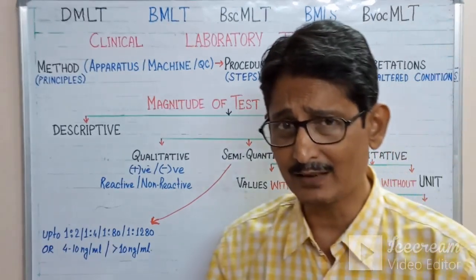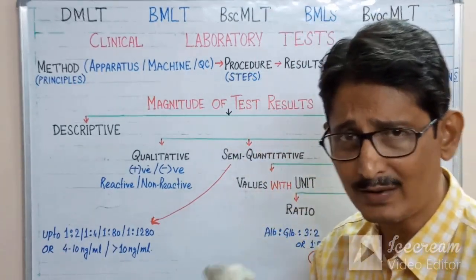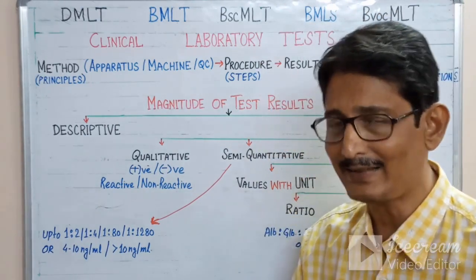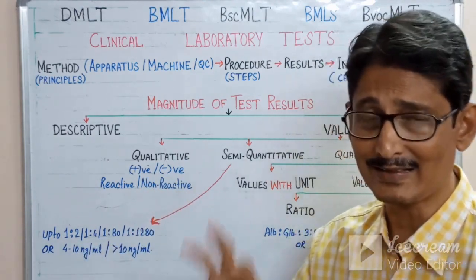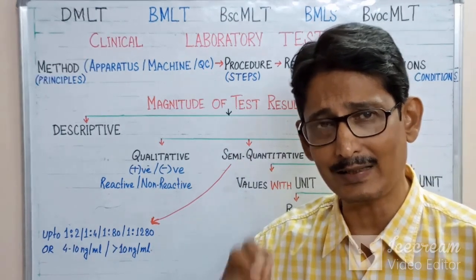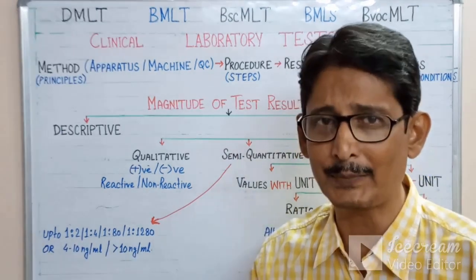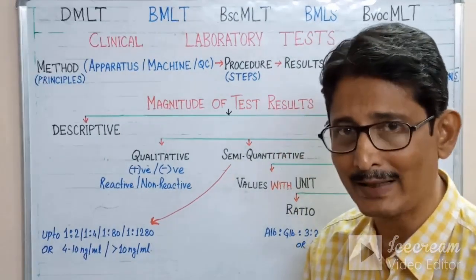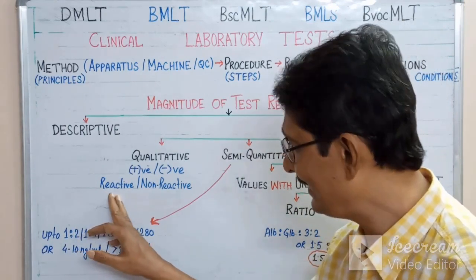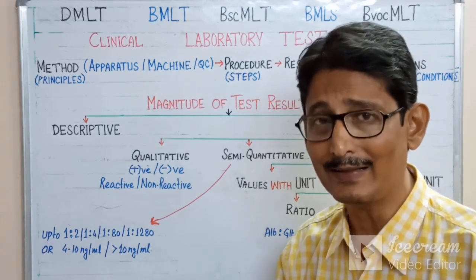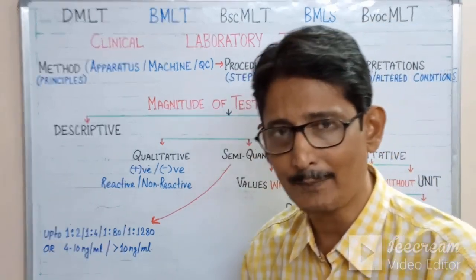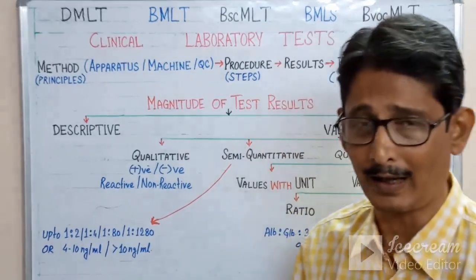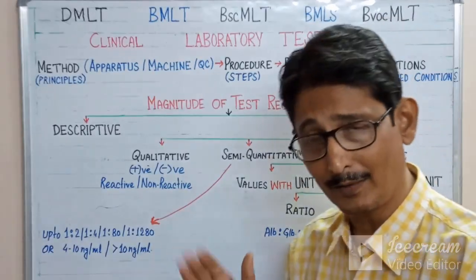The purpose is that if I test your blood for a special type like hepatitis B, and I write positive, then it denotes that you are bearing or you have an infection with hepatitis B. But when I make a report that is reactive, it means that your blood sample and my kit by which I have performed the test make a reaction.